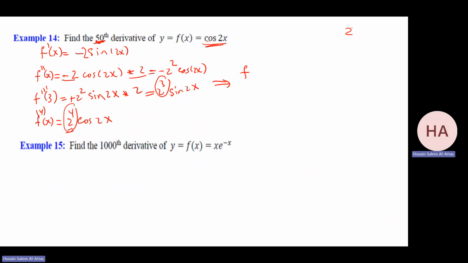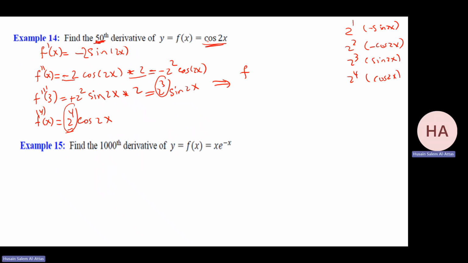So the number goes 2 to the power 1, 2 to the power 2, 2 to the power 3, 2 to the power 4, and so on. Here I have minus sine 2x. Here I have minus cosine 2x, just to see it. Here I have sine 2x. Here I have cosine 2x.